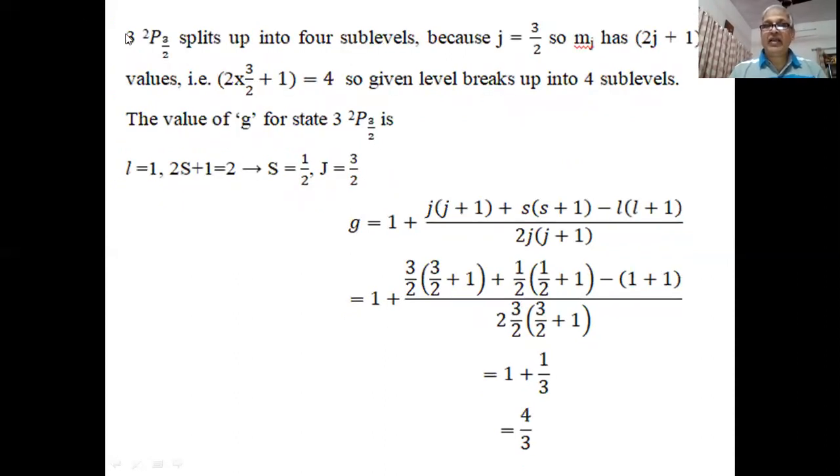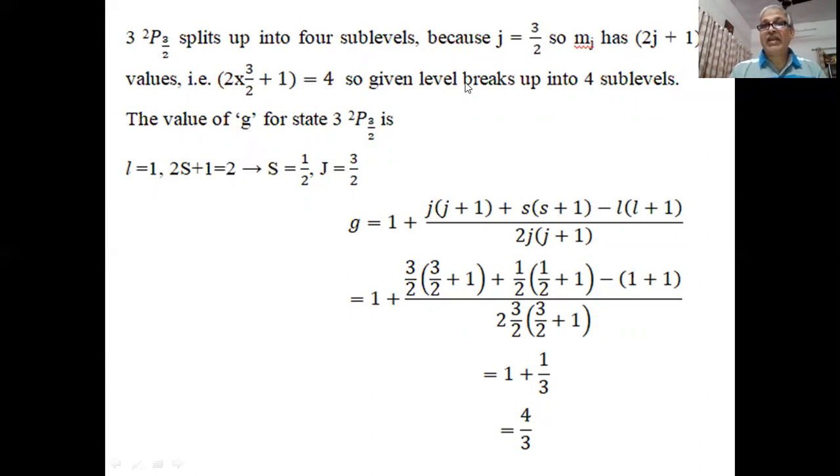The level 2P 3/2 is split into 4 sublevels, because in this case the value of J is 3/2. So Mj has 2J plus 1 values, that is 2 into 3/2 plus 1 equal to 4.